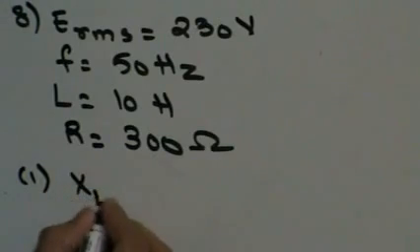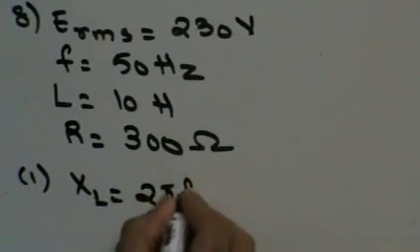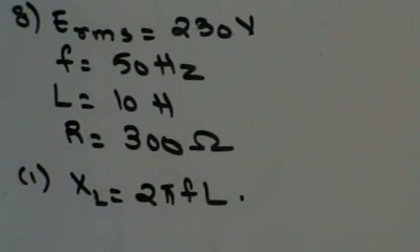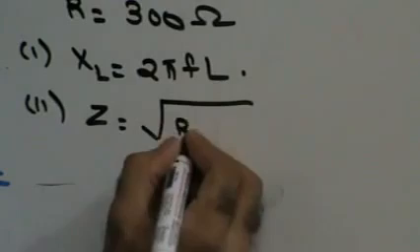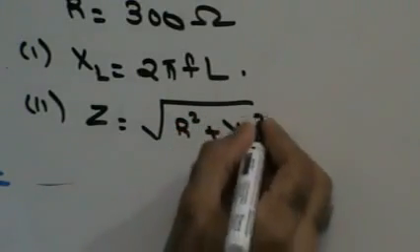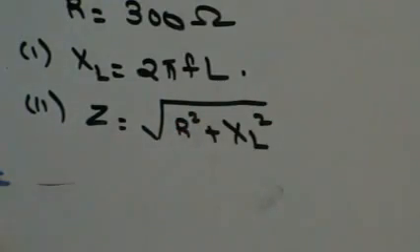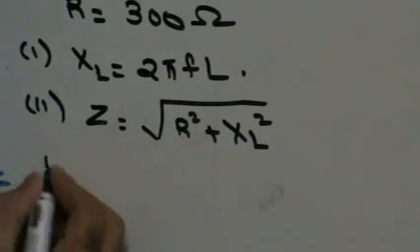First, you will have to find out the inductive reactance XL. XL is nothing but 2 pi FL. F you know, L you know, you should be able to get XL. Next, you can find out impedance in the circuit. Impedance is nothing but square root of R square plus XL square. That will give you the impedance in the circuit.